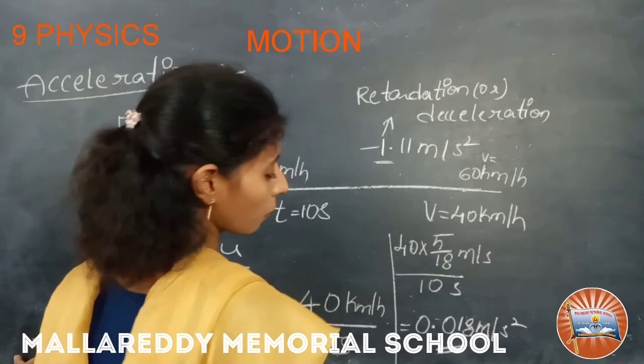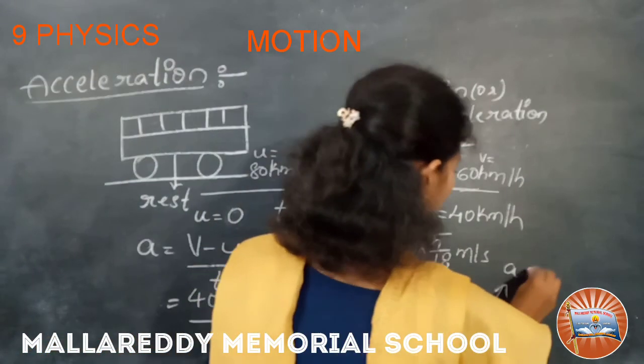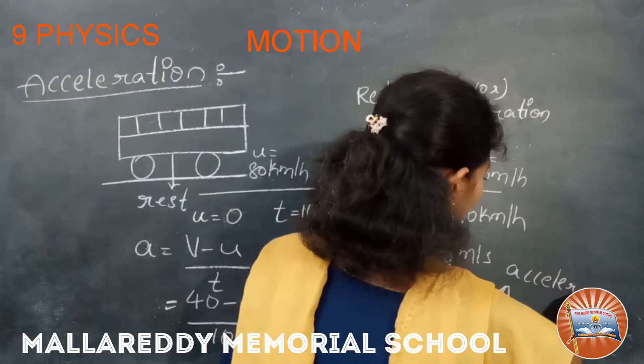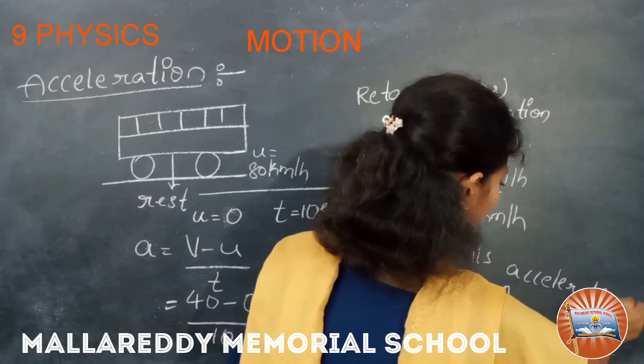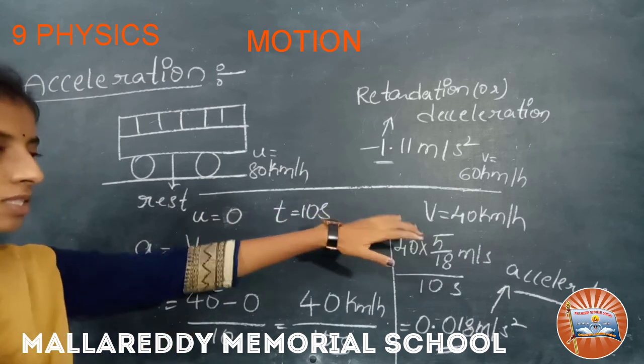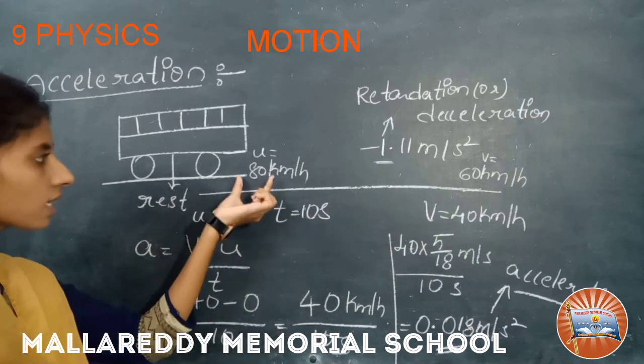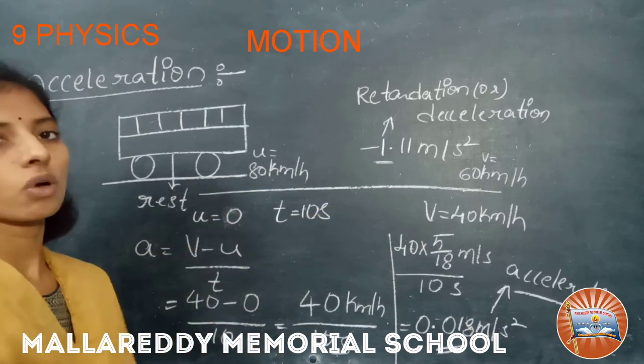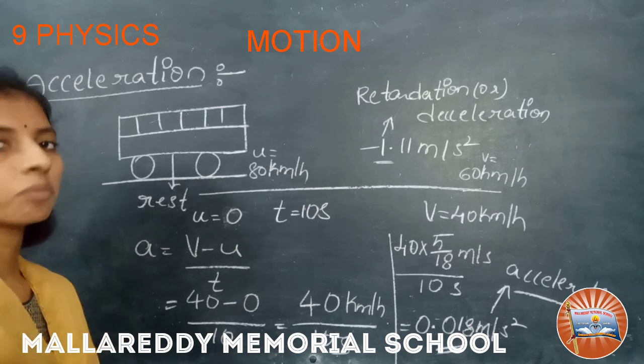And when we get a positive value, we say this is the acceleration. So why do we get this? One time the speed is increased, one time it is decreased, which means acceleration is nothing but the change in velocity with respect to time, okay?